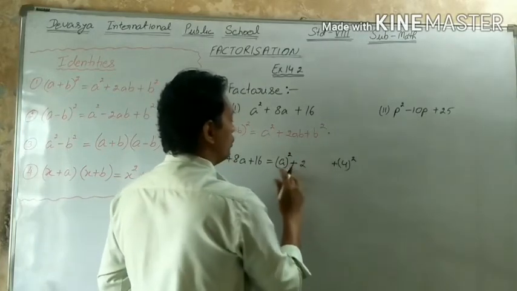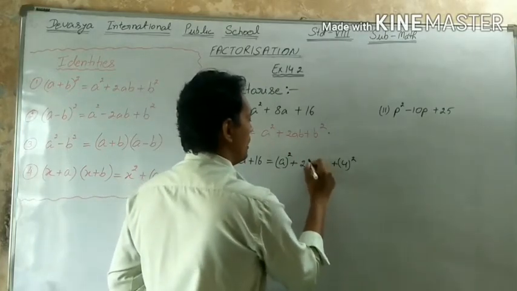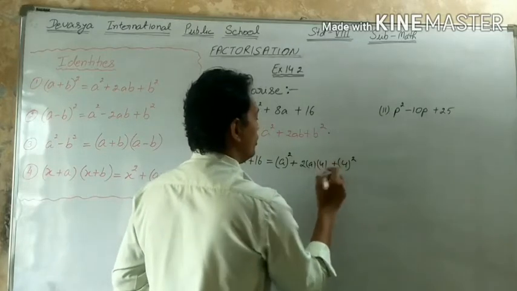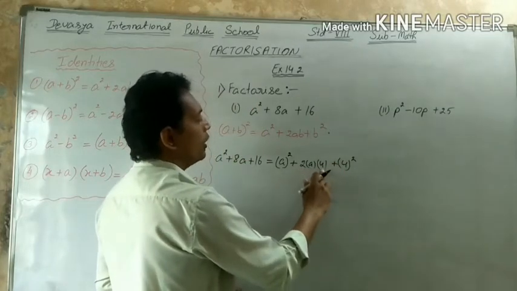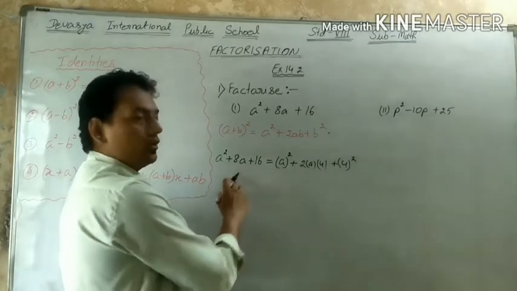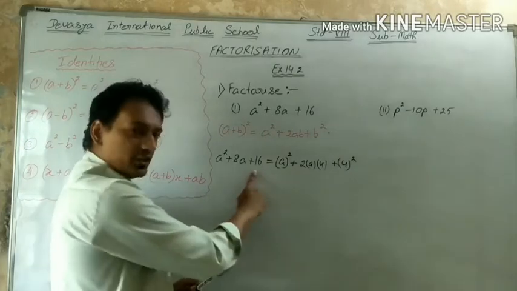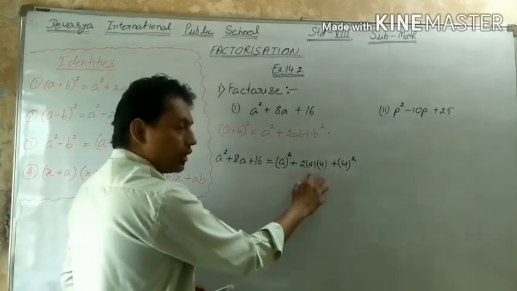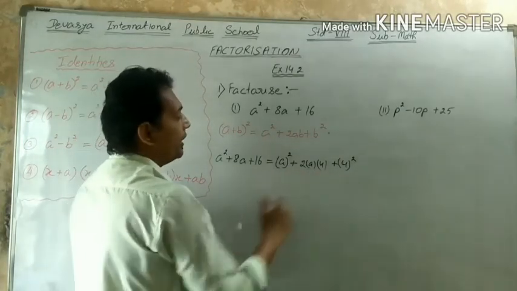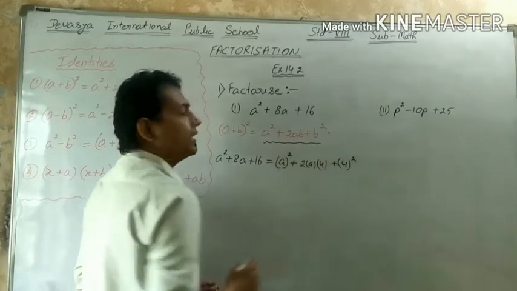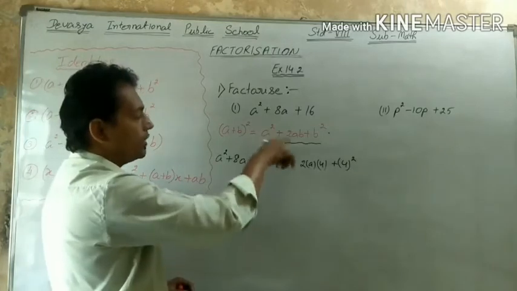So 2 into a into b, where b is 4. When you multiply 2 into a into 4, you already get 8a. So we have modified our main expression into such a form that it fits into the right hand side of our identity. You can compare these.